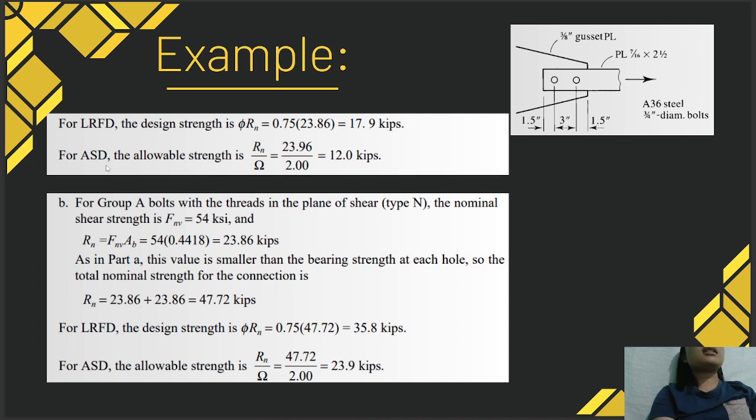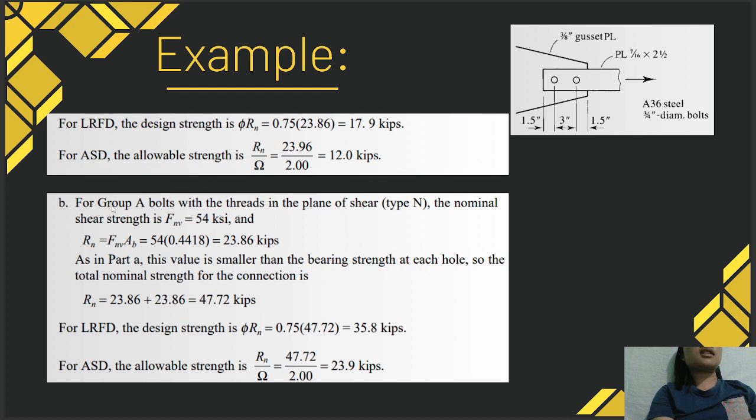Whereas for ASD, the allowable strength is Rn over omega. Our omega or the safety factor is 2. Then our Rn is 23.86. So the quotient is 12 kips. So we have LRFD at 17.9 kips and ASD at 12.0 kips.